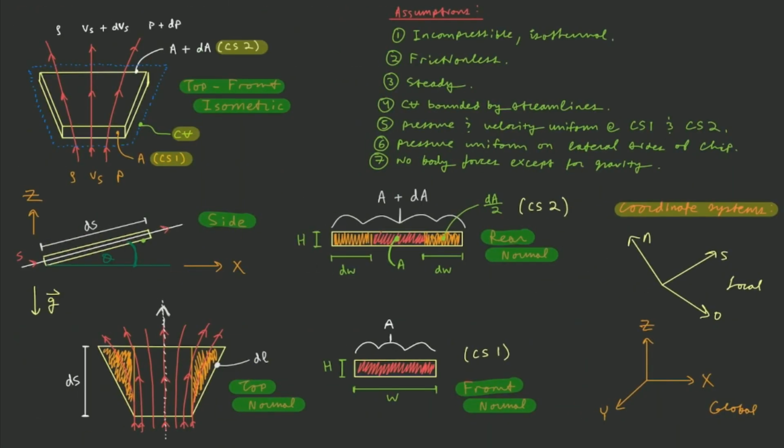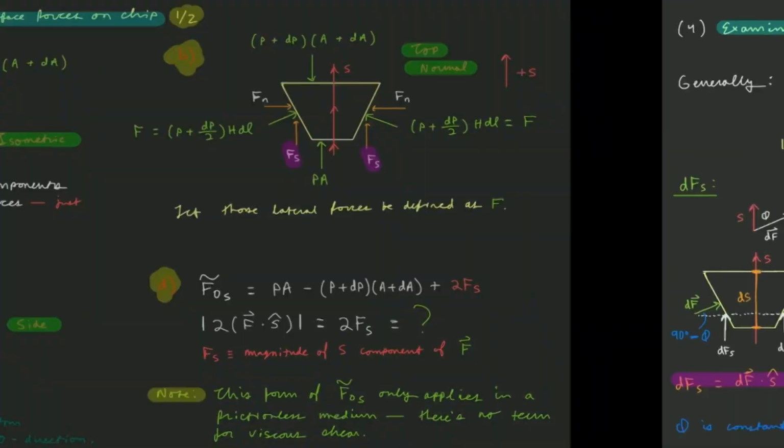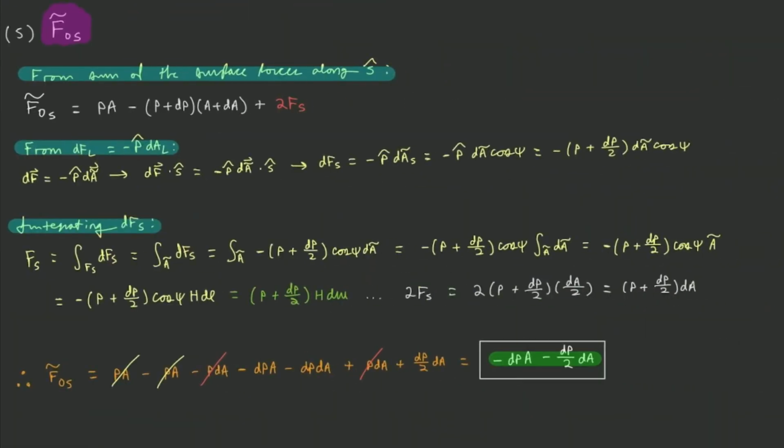H and indeed dL. The height is H, as you can see here, and the length is dL. So H dL is our A tilde. Well, what is dFS? We know it's equal to this quantity right here. Now, we have a lot of constants here. P plus dP over 2, that's a constant. The negative sign is a constant, negative 1. Cosine psi is a constant.